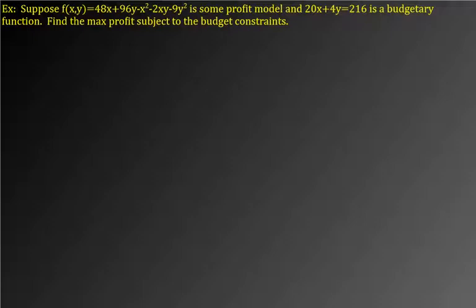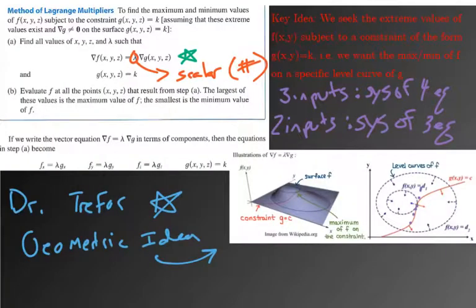One part of it is that with the constraint function, we are going to have a system of equations, and one of our equations in our system comes from that part right there.